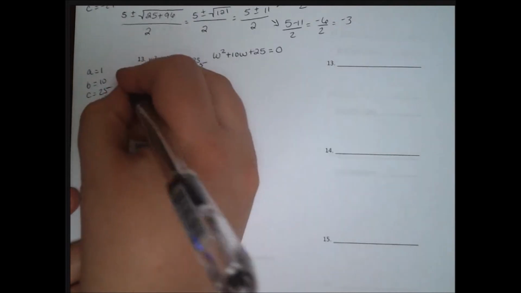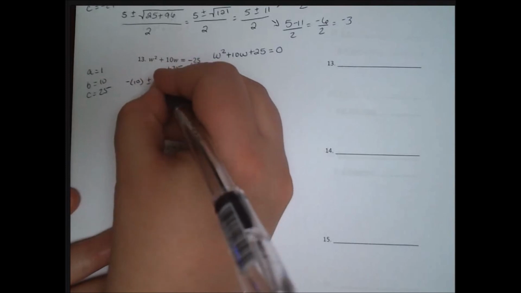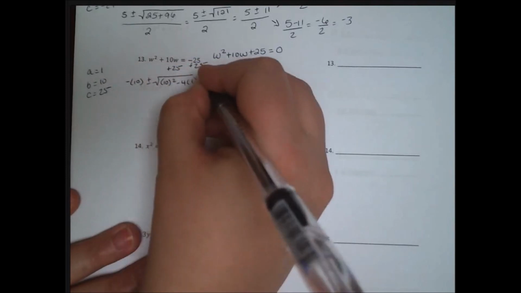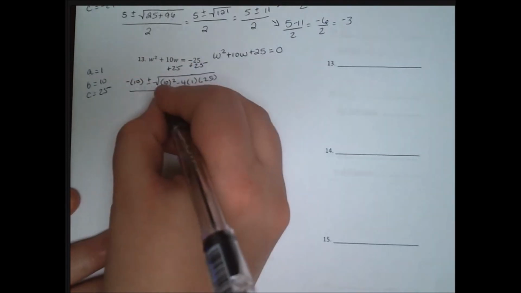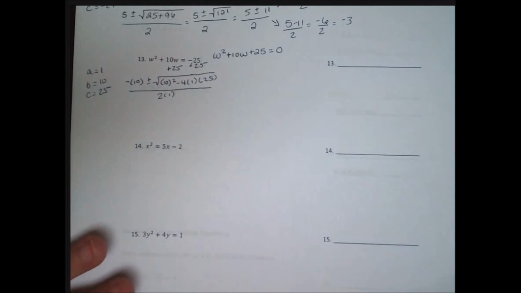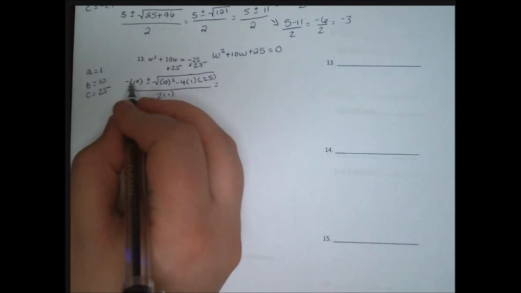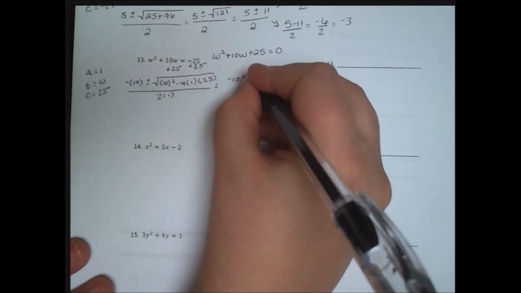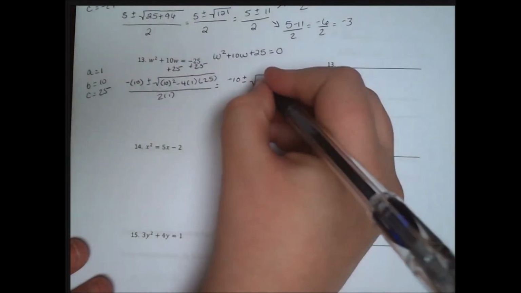Okay? So we've got negative B plus or minus the square root of b squared minus 4ac all over 2a. Okay? So the opposite of 10 is negative 10 plus or minus the square root. 10 squared is 100.